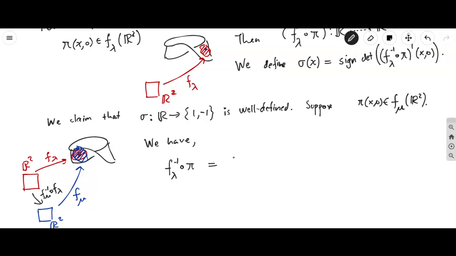But we can also write this as F mu inverse composed with F lambda composed with F lambda inverse, composed with pi.